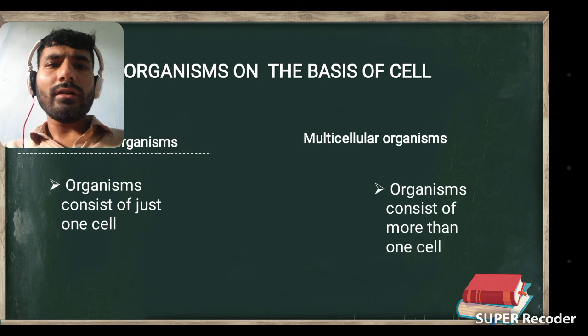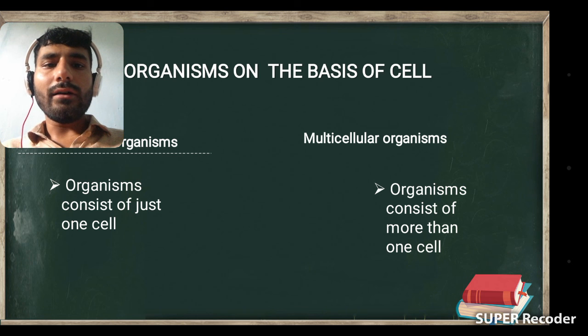Then going toward the organisms on the basis of cell, how many types of organisms do we have? On the basis of cell, we have two types of organisms, unicellular organisms and multicellular organisms. What are unicellular organisms? Uni means one.